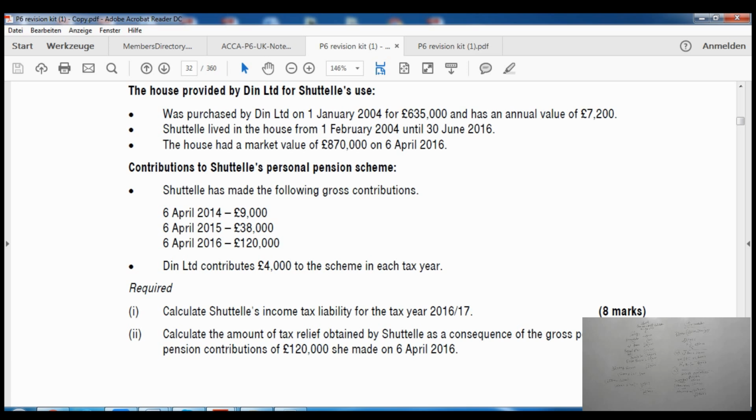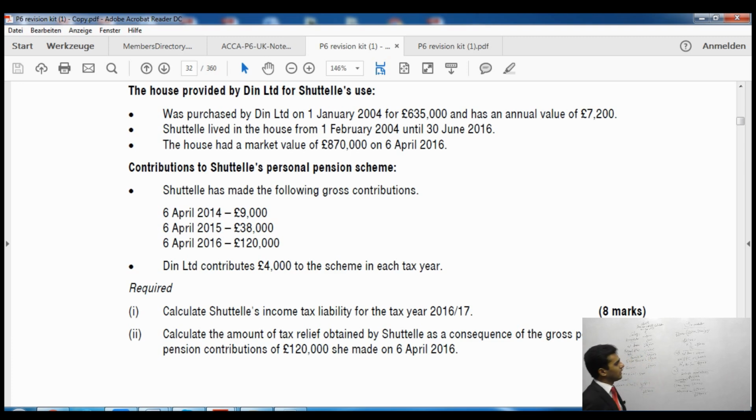Now in part A2 it says calculate the amount of tax relief obtained by Shuttelle as a consequence of gross personal pension contribution of £120,000. So he said, what was the benefit of contributing £120,000 in his personal pension contribution? So simply it means, what was the benefit of contributing £120,000 into his pension contribution? What would happen if she would not have spent this money on the pension contribution?